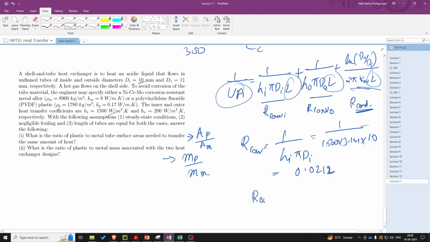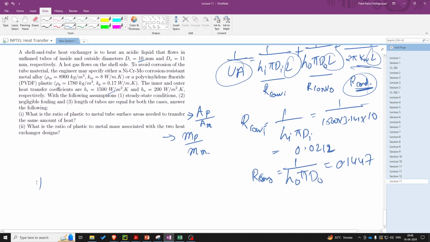Similarly, the convection resistance outside, you can calculate as 1 upon h_o pi D_o, and this should come around 0.1447. Now our conduction for metal and plastic will be different. For metal, you can just put the value of k_w for metal, and for plastic you can put its value.